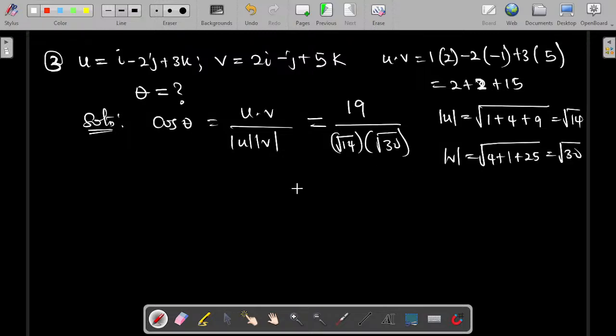This is why I said you can use your calculator. So you have cos theta is equal to 19 all over square root of 14 times square root of 30.